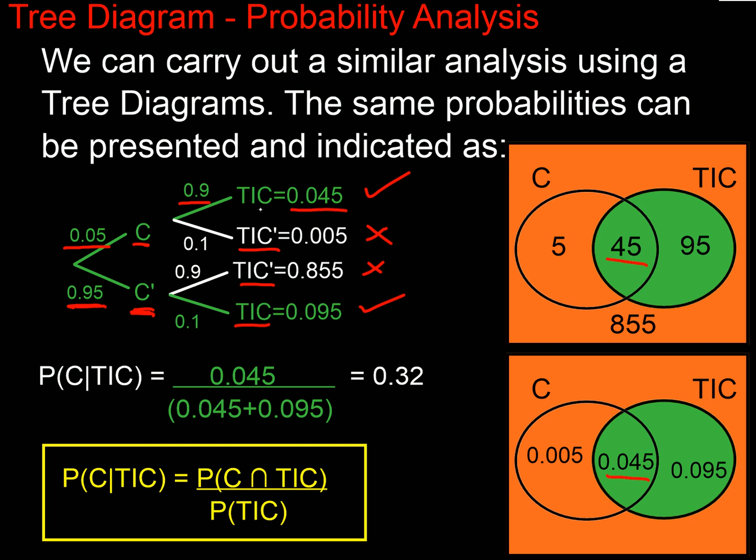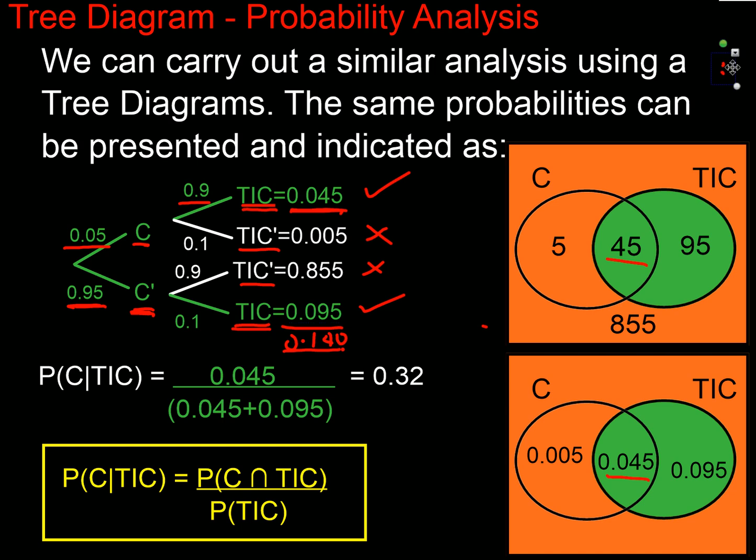Because our condition is that the test indicates cancer. So we have 2 branches that meet our condition. And the probability in that group, if we add those 2 probabilities in green together, is 0.140. So there's our 140 women reappearing there. That's our total probability out of the group.